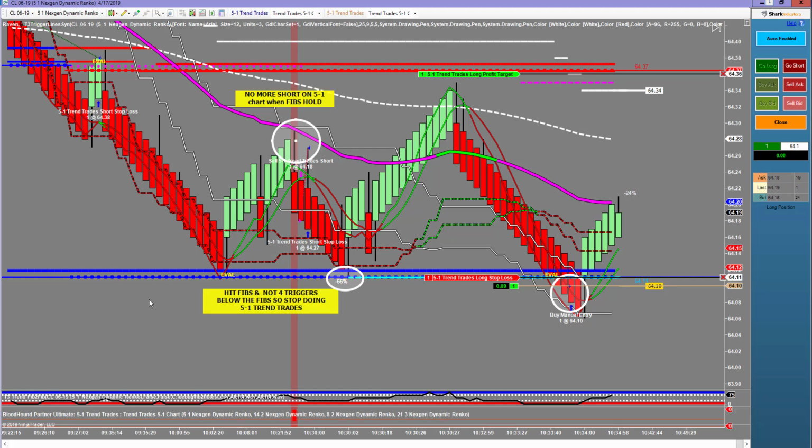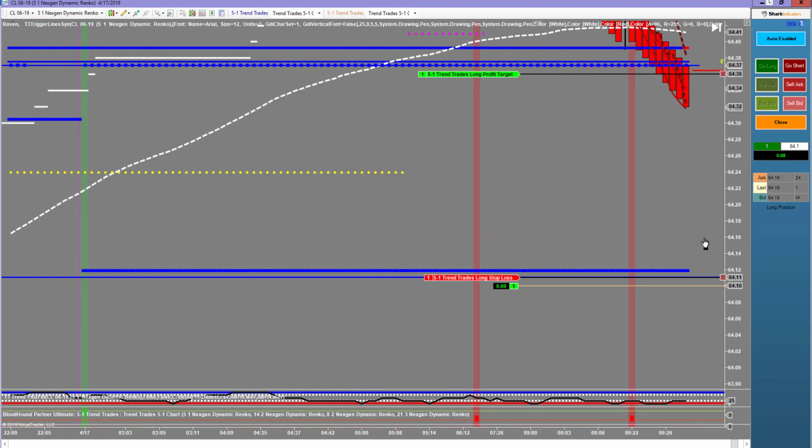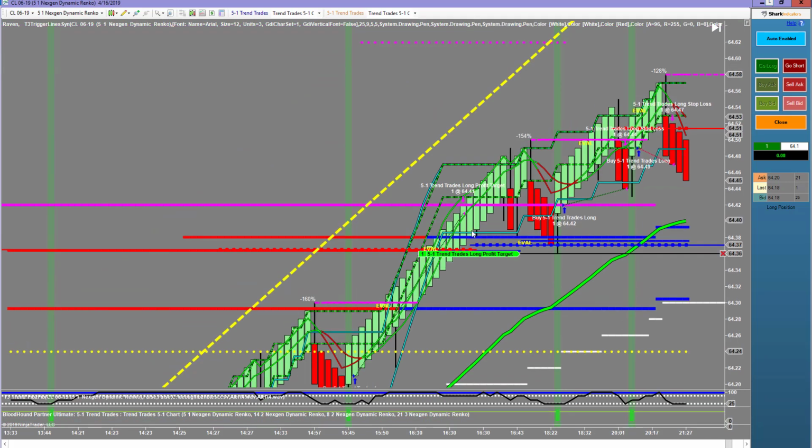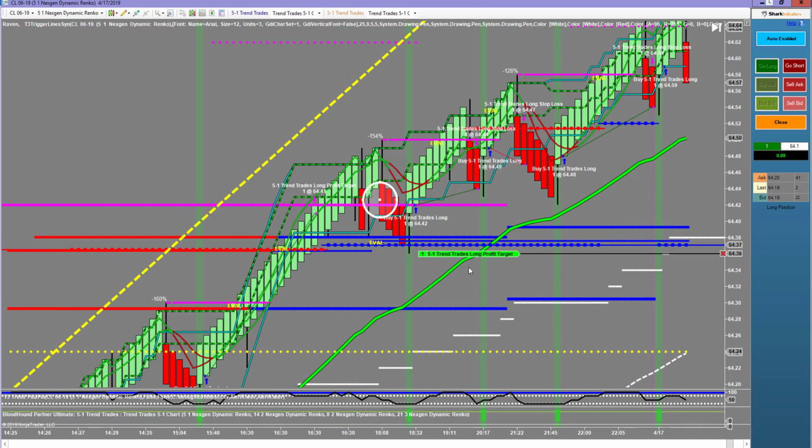And again, nobody wants to lose 75% of the time. We want the 75% winners, not the 75% losers. So what we're looking for ideally is a trend trade from support with nothing in the way until we get to the next resistance.